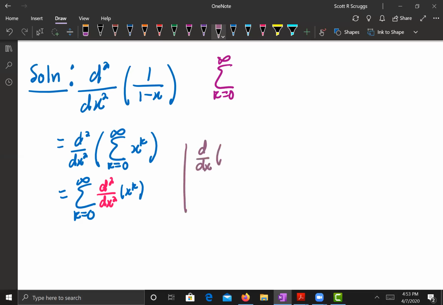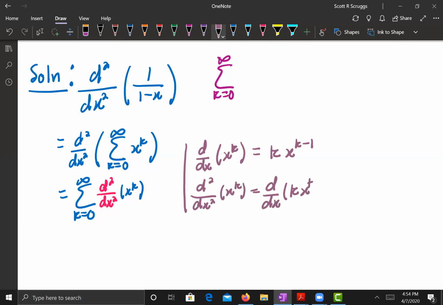First derivative of x to the k by power rule gives me k times x to the k minus 1, which means the second derivative of x to the kth power, which will be the first derivative of k x to the k minus 1, will be, again by power rule and constant multiple rule, k times k minus 1 times x to the k minus 2.